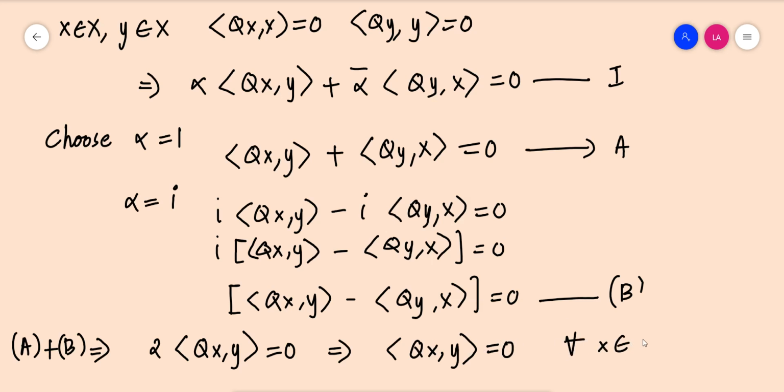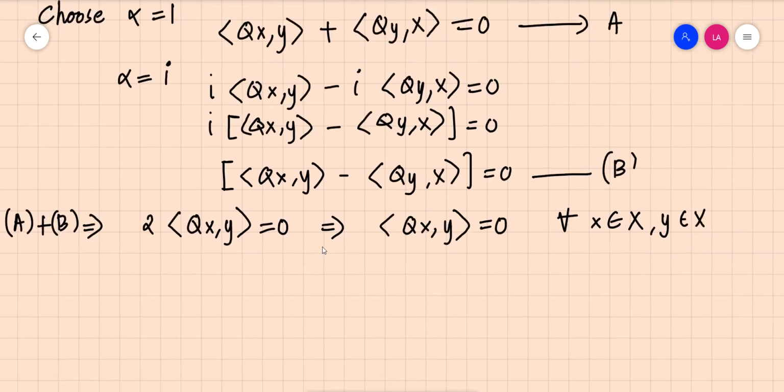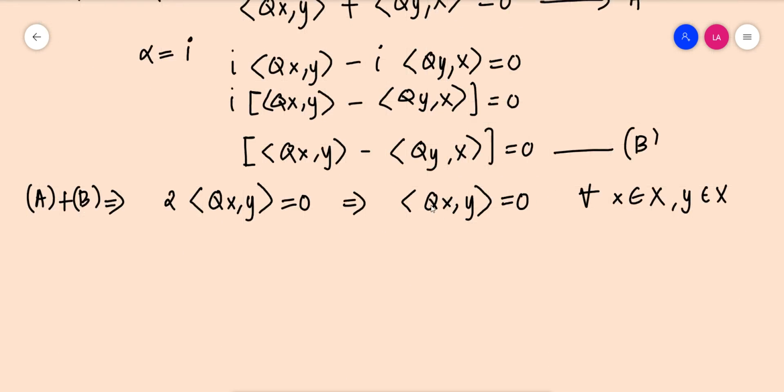Now this is true for all x element of capital X and for all y element of capital X, since we have chosen x and y to be arbitrary. So inner product ⟨Qx, y⟩ should be equal to 0 for all y element of capital X.